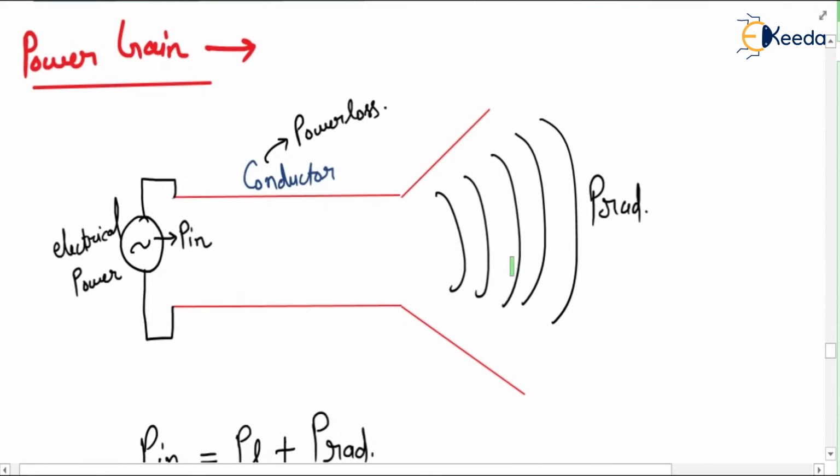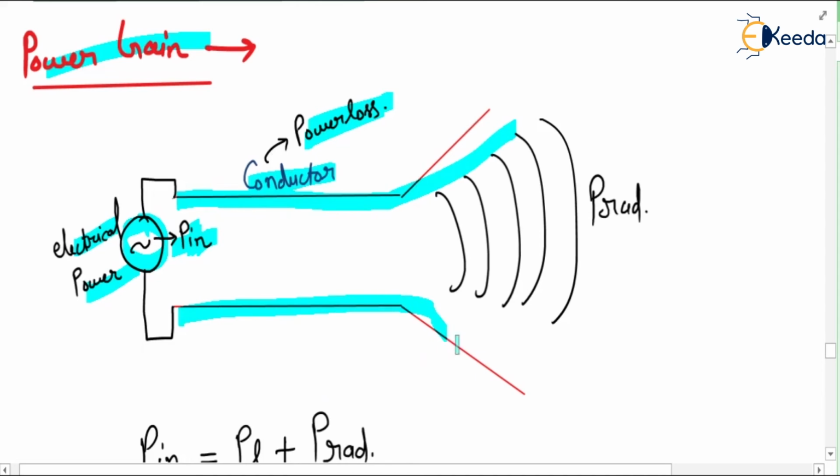Now the next definition is power gain. When we give electrical power to the antenna, the total power is P in. Some power is always lost in the conductor of which the antenna is made, since this conductor has some losses, and some power is radiated.